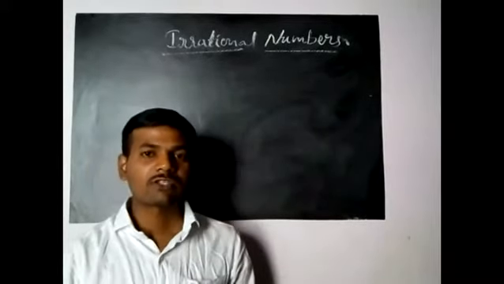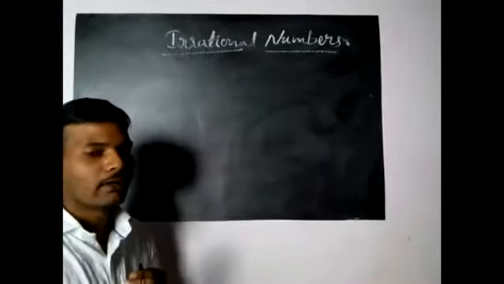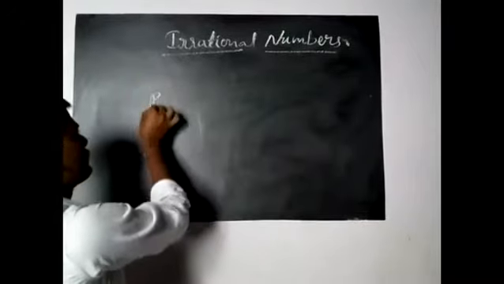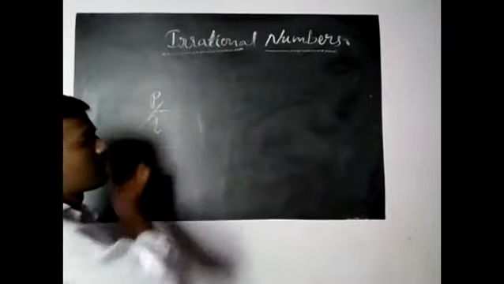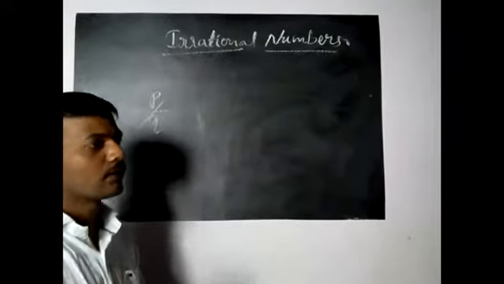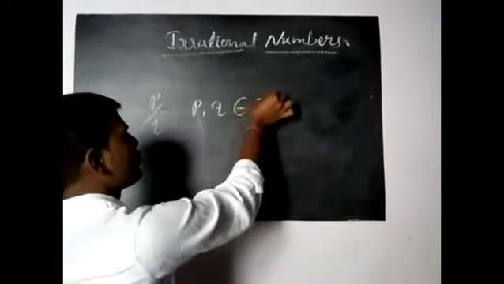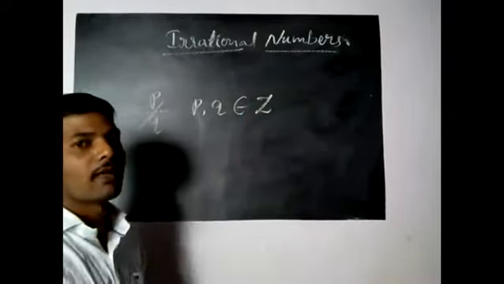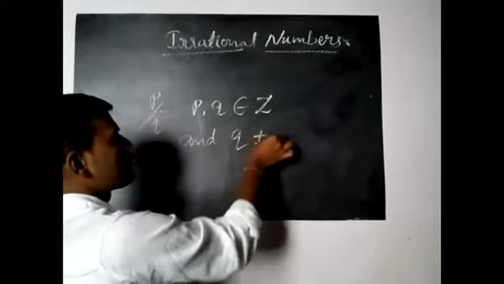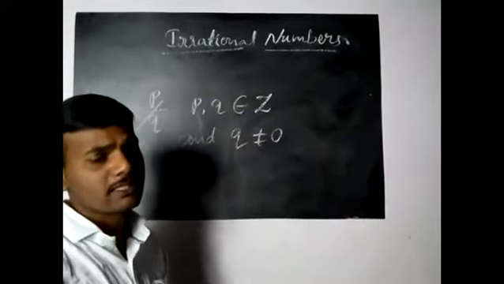The numbers which are not in the form of p by q, where p and q belong to integers and q must not equal 0, are called irrational numbers.